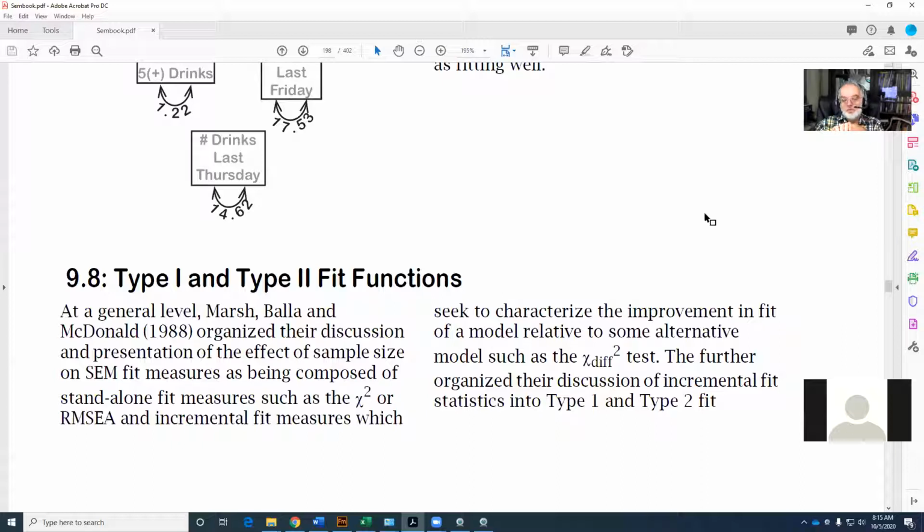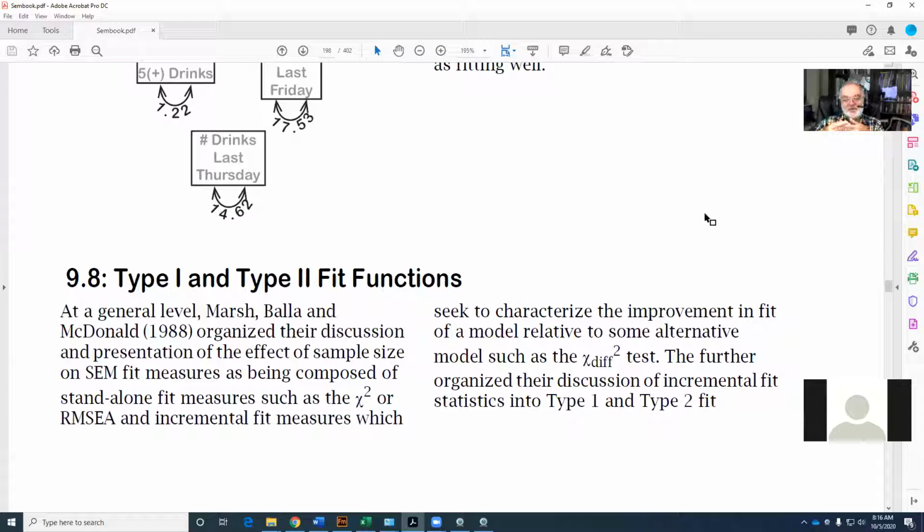Third, you'll probably report the TLI, also known as the non-normed fit index. And there are some who would argue that we also include the CFI, comparative fit index. If your models are not nested, the only thing that we can do is to talk about information criteria that we'll talk about below.